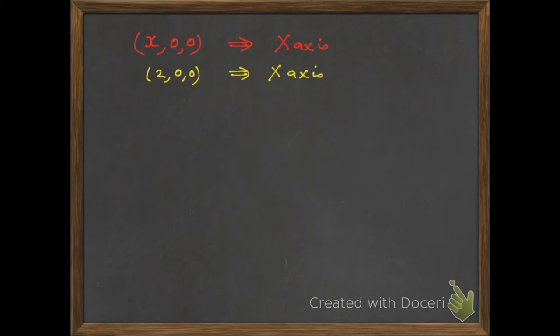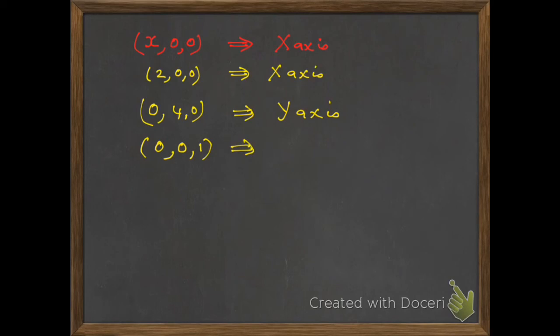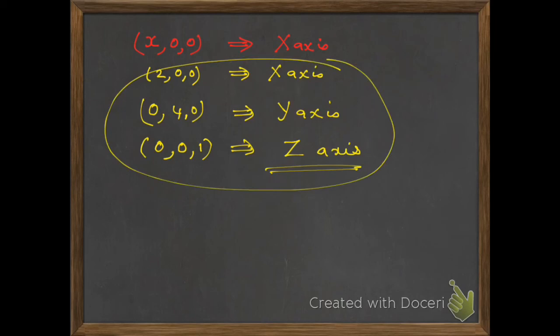And if you have a point 0 4 0, where would this lie? On the y axis, correct? And let's try this. What about the point 0 0 1? Where will that lie? Come on, loudly. Yes, the z axis. Perfect. Very good. So now you know how to handle when there are two zeros.